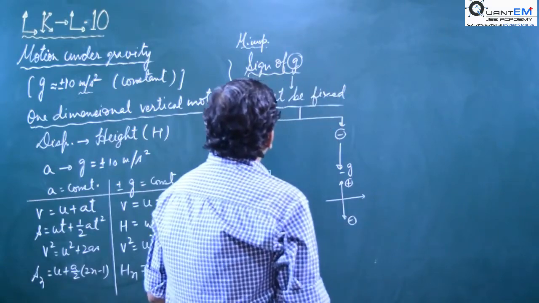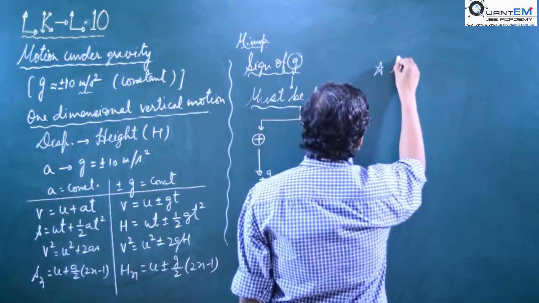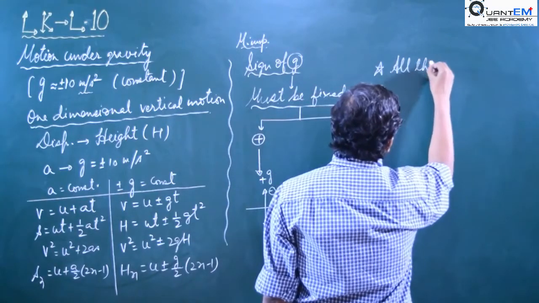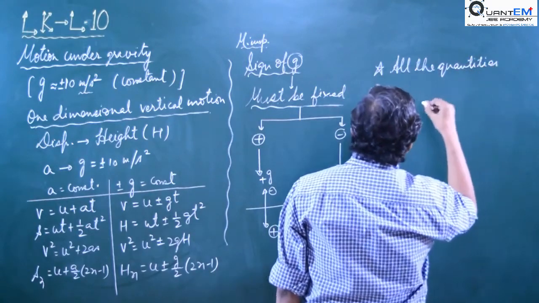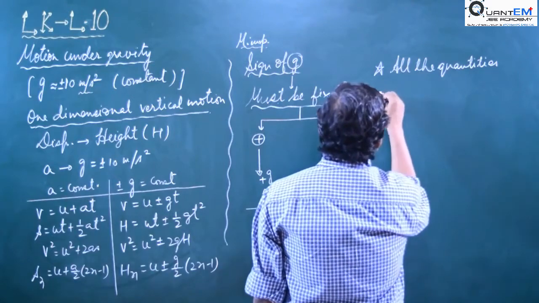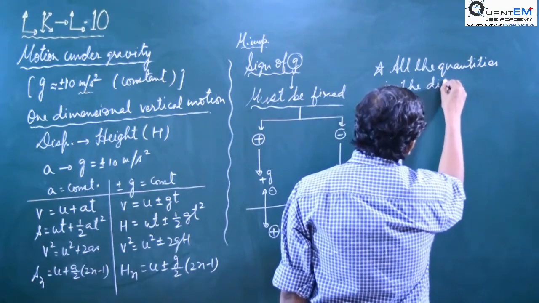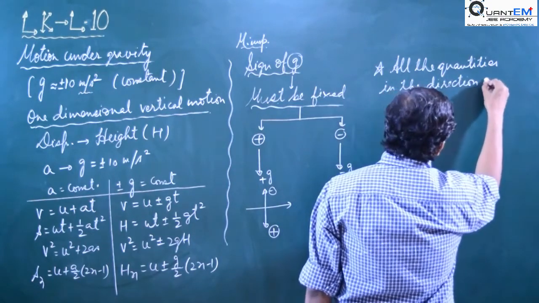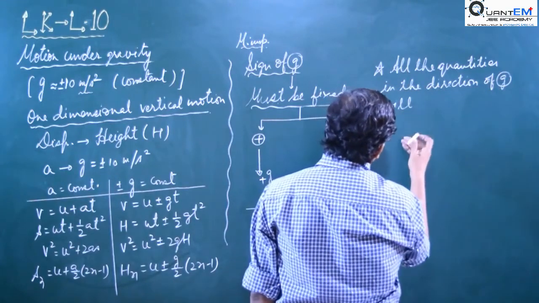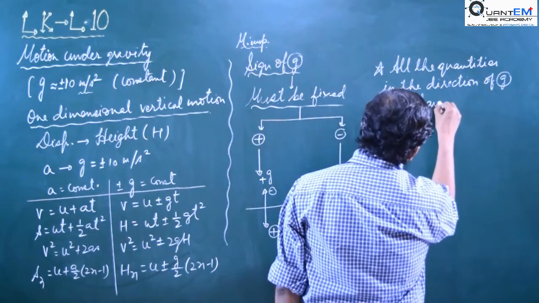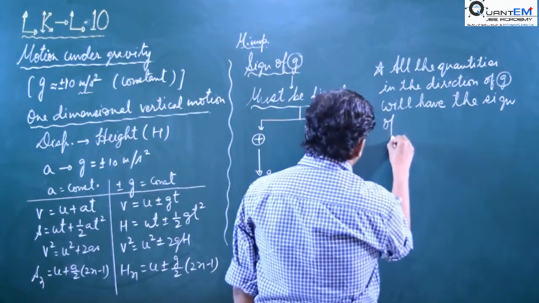Now all the quantities, obviously vector quantities, in the direction of g will have the sign of g.